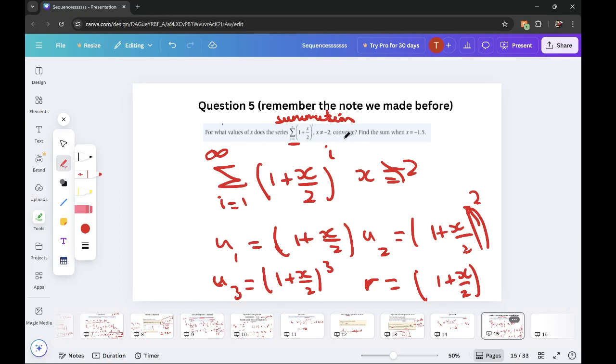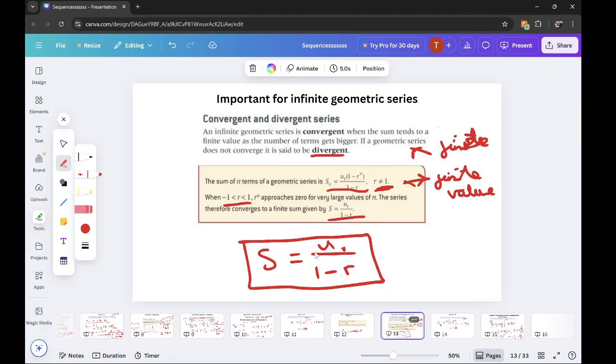And they've asked us, where does it converge? Since we know our r, we have to find out for which values of x it converges. So we go back to our note that we made over here. For an infinite series, r has to be between -1 and 1.